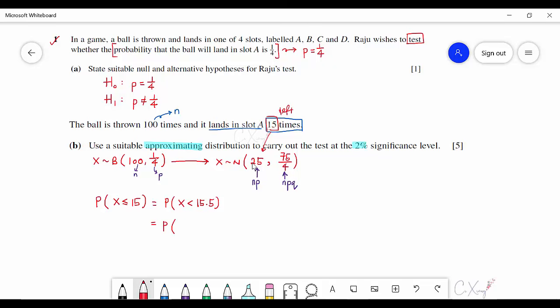And after that, you can standardize it. To standardize, you take the value of x minus the mean, divided by the standard deviation. The standard deviation should be square root of 75 over 4. And you will get the value z smaller than negative 2.194.